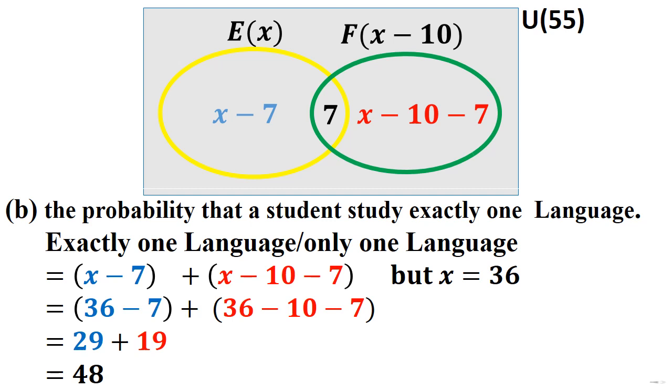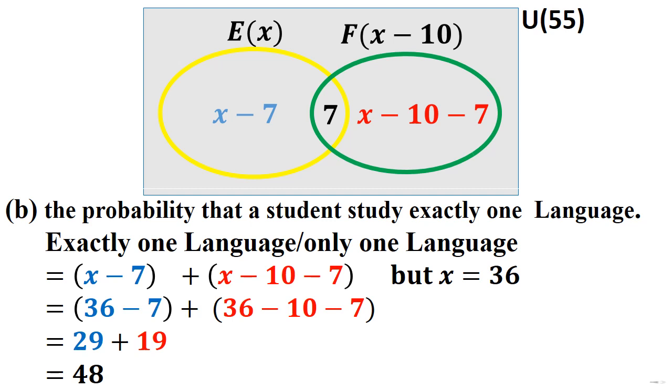So we are going to put 36 in place of x in our expression. So wherever we see x, we put 36 there. So we have 36 minus 7 plus 36 minus 10 minus 7.